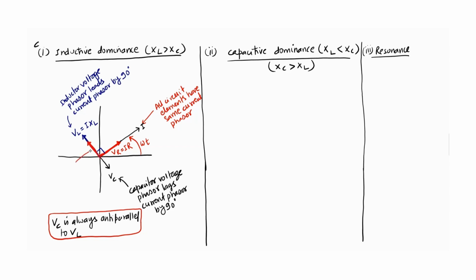So this gives VL minus VC, and we can see the phasor.